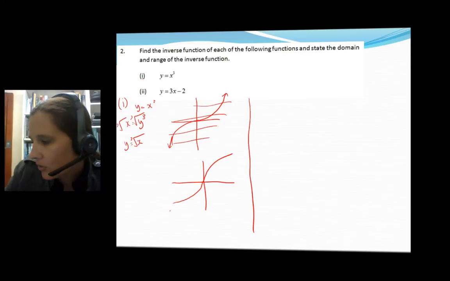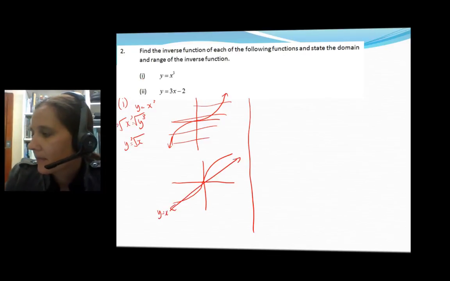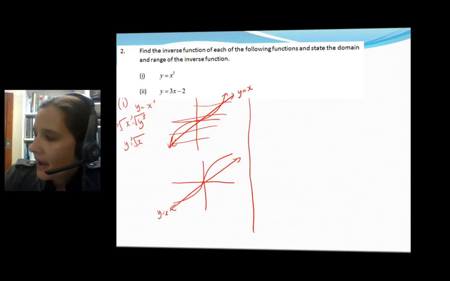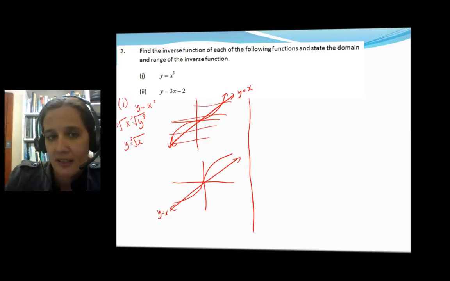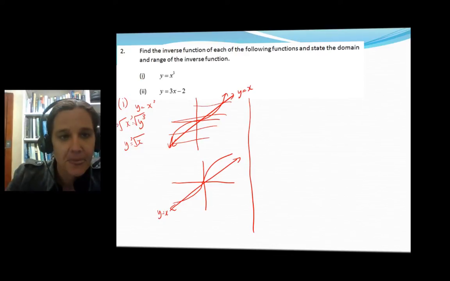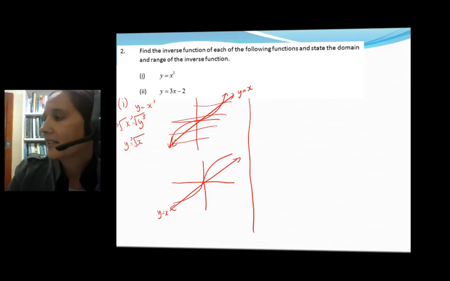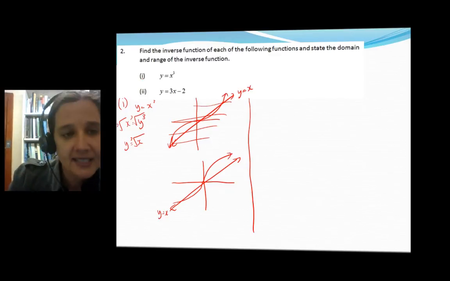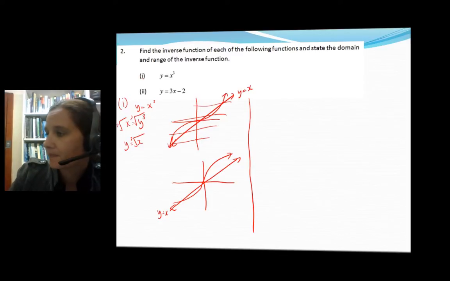We have this y is equal to x line, and our inverse is mirrored on the other side of the y is equal to x line. It would be a lot better mirrored if I'd drawn it better. Here our domain for this curve will be all real x and all real y. There's nowhere that's restricted for this one.